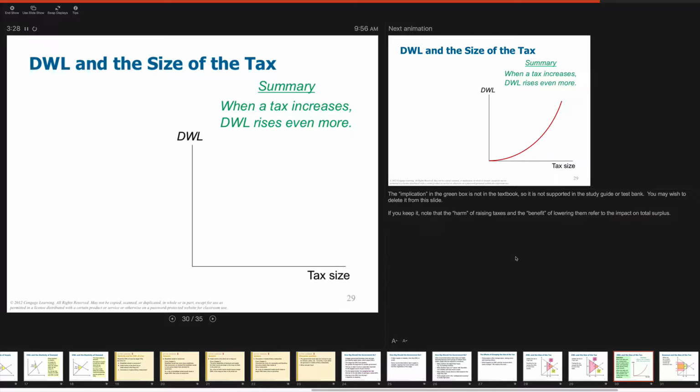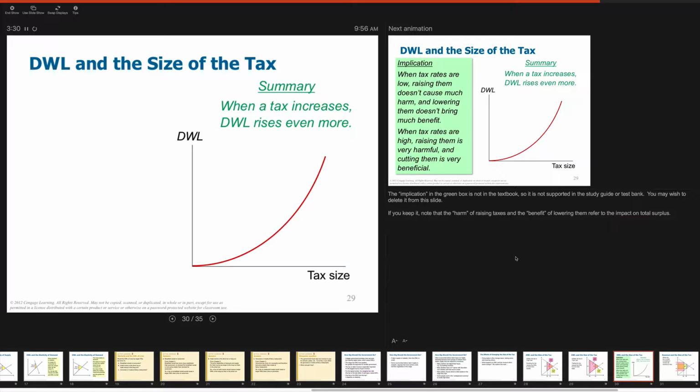So, when tax rates are low, if we raise them just a little bit, the deadweight loss only goes up a little bit, right? Following this curve. When you're down here at the bottom, if you raise the tax a little bit, deadweight loss only goes up a little bit plus.